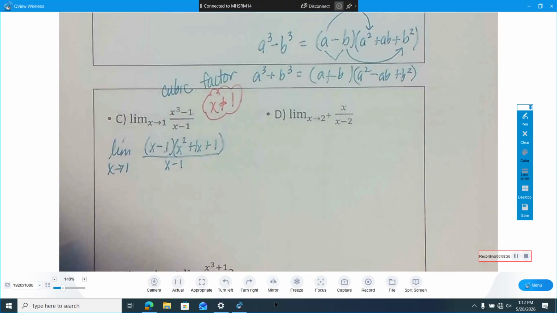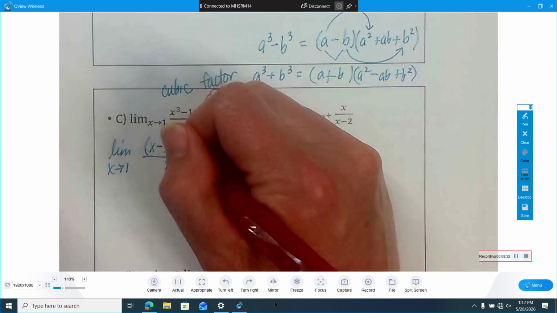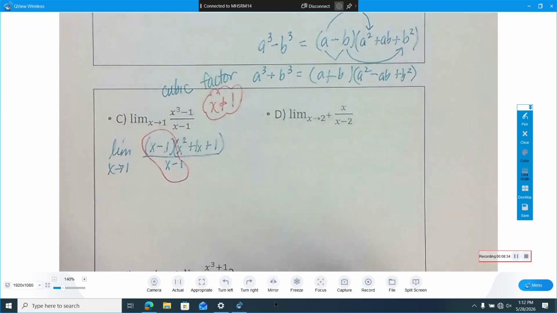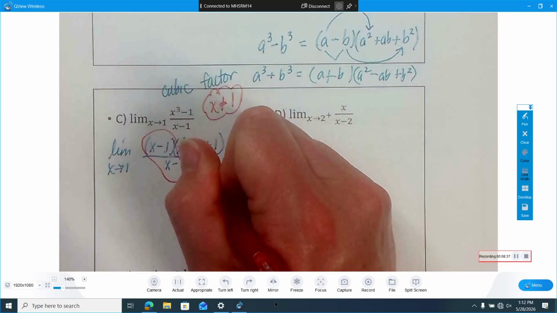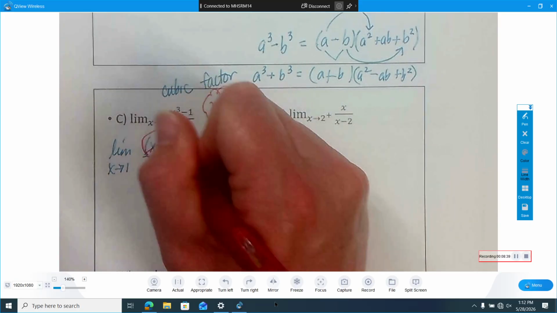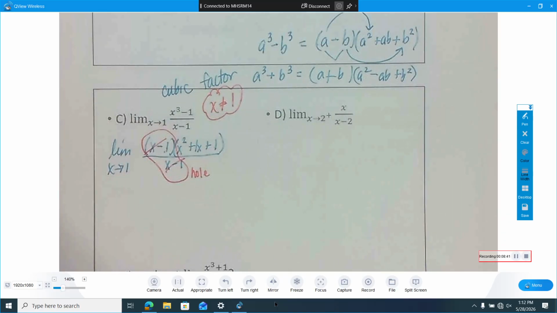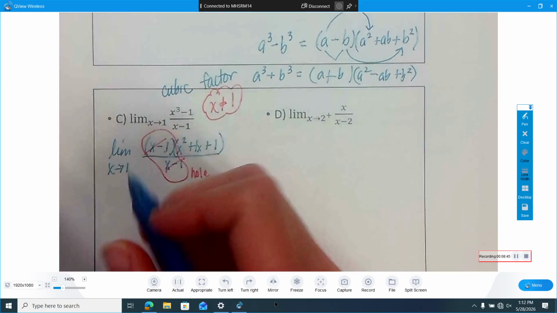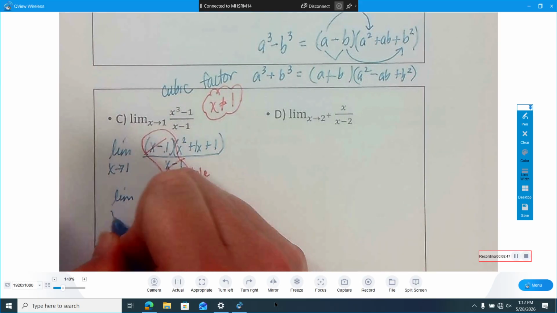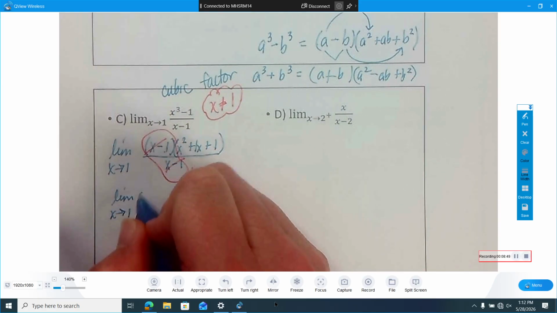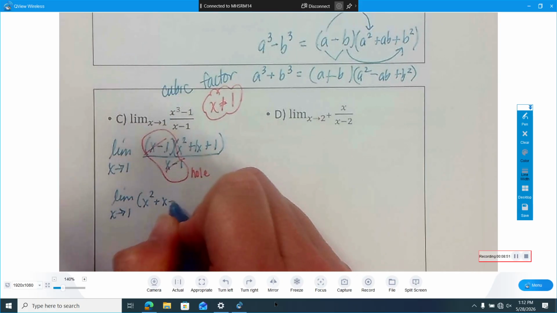Anyway, once you factor, what happens? They cancel out. So, yeah, we have a common factor top and bottom. That actually would turn into a hole graphically, but because this is algebra, we can just reduce them. They reduce to 1. Graphically, it becomes a hole. But then we have just the limit as x approaches 1 of x squared plus x plus 1.